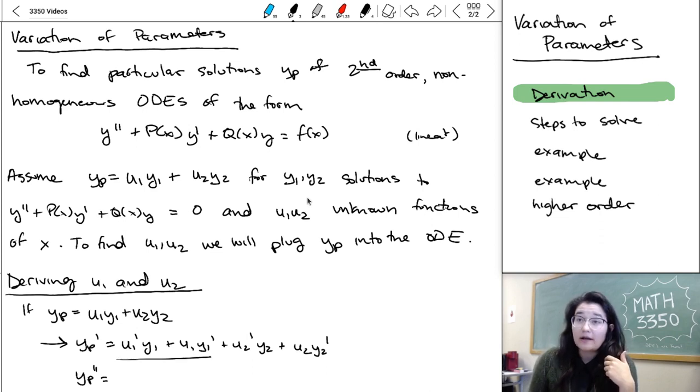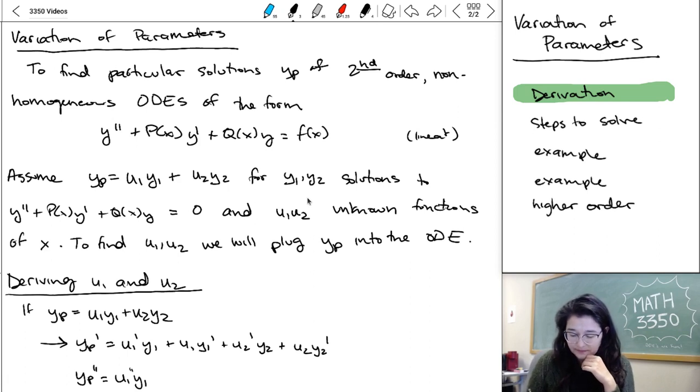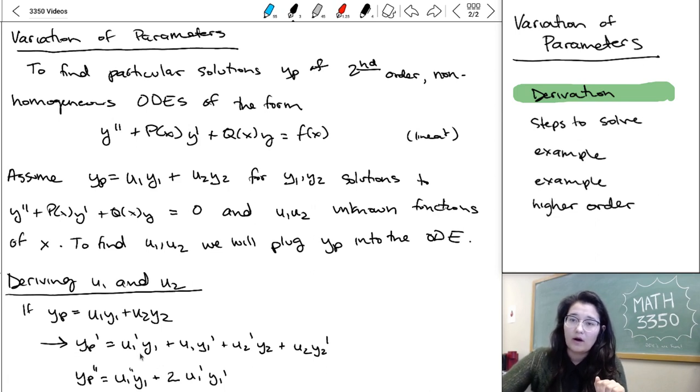first looking at these first terms, we're going to get u1 double prime times y1, leaving y1 and taking the derivative of u1. And then I'm going to ask you all to remember from when we were doing reduction of order that when I take my second derivative of these two terms, I'm going to create one term that looks the same. I'm going to get 2 times u1 prime y1 prime: 1 when I take the derivative of y1 but leave u1 prime the same, and 1 when I take the derivative of u1 and leave y1 prime the same.